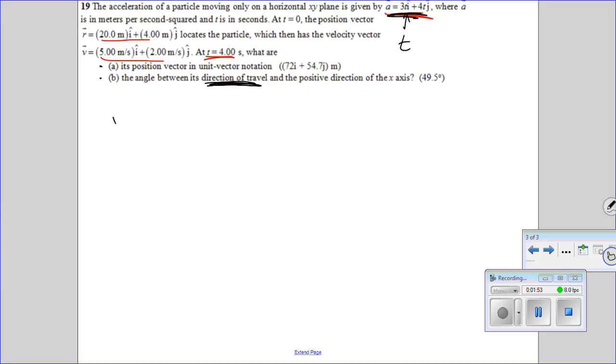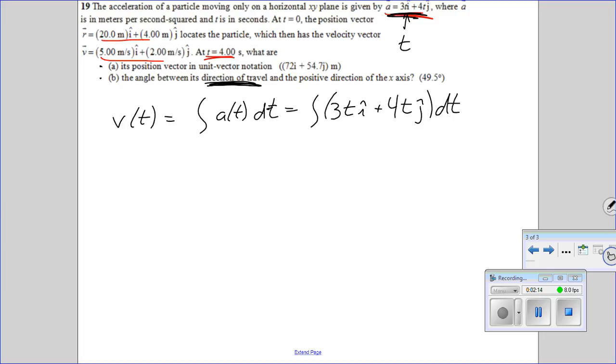I know that the velocity at time t is the integral of my acceleration at time t with respect to t, right? So for us, this is dt. So for us, that's the integral of 3t i plus 4t j, all with respect to t.